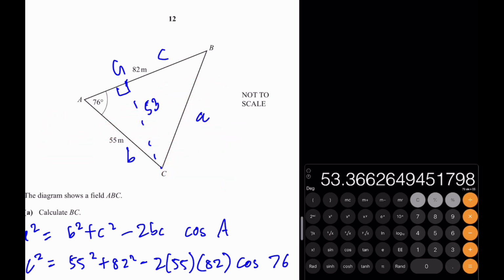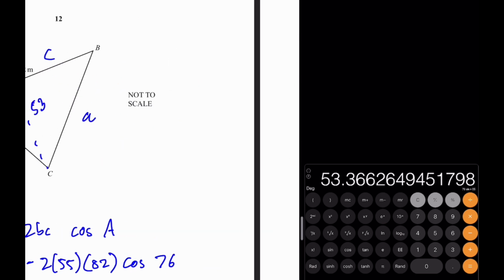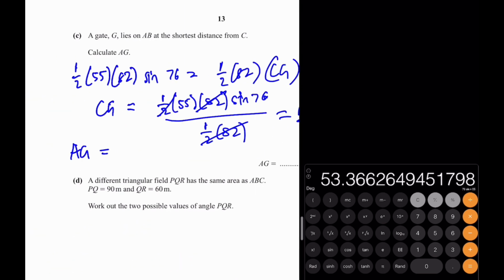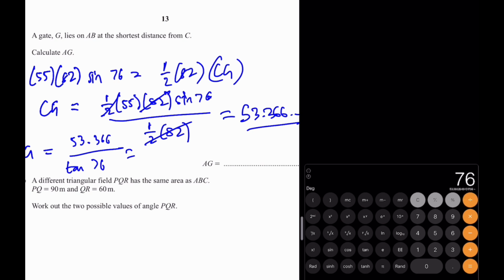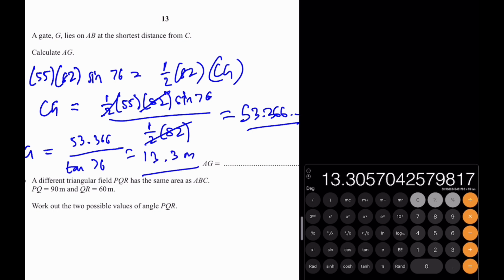And therefore, to find the adjacent, it's the opposite, which is CG, divided by tan of 76. So AG is going to be this 53.366 divided by tan 76, and doing that we get 13.3 meters. That's to three significant figures.